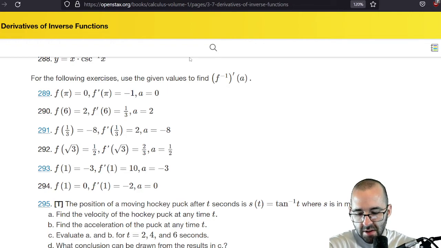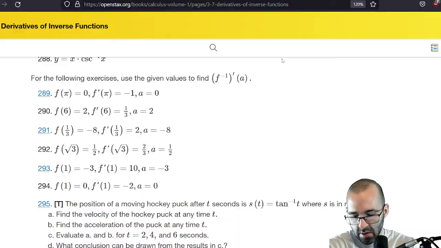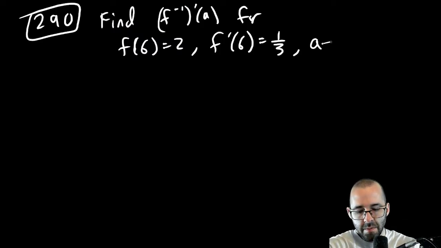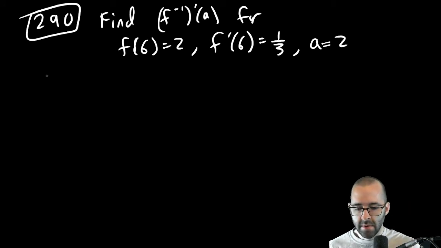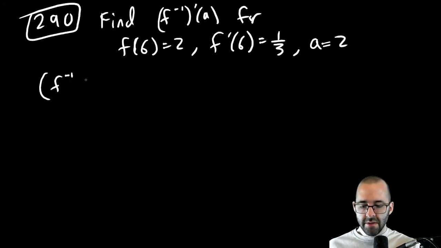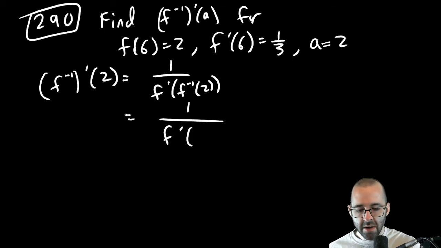F prime of 6 is a third. And a equals 2. We're just going to use the inverse function theorem again. That says that f inverse prime at a, which is 2, is 1 over f prime of f inverse of a, which is 2. Start from the inside, work your way out.